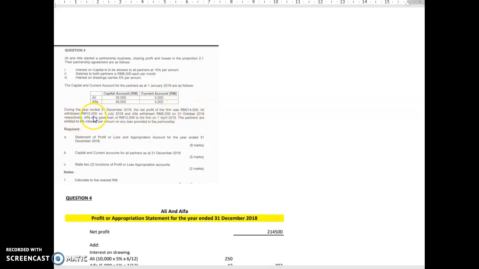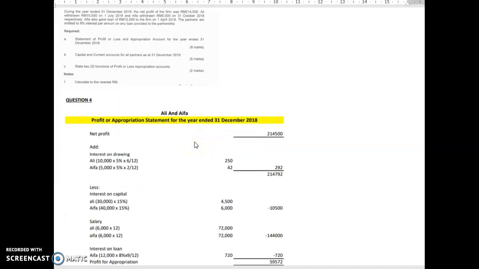Ali withdrew 10,000 on 1st July and Aifa withdrew 5,000 on 31st October. Aifa also gave a loan of 12,000 to the firm on 1st April. The partners are entitled to 8% per annum on any loan provided to the partnership. So you have to prepare the statement of profit and loss appropriation.